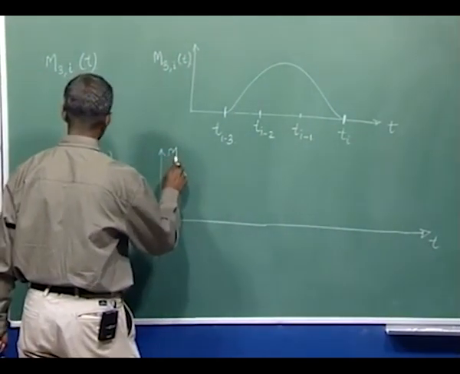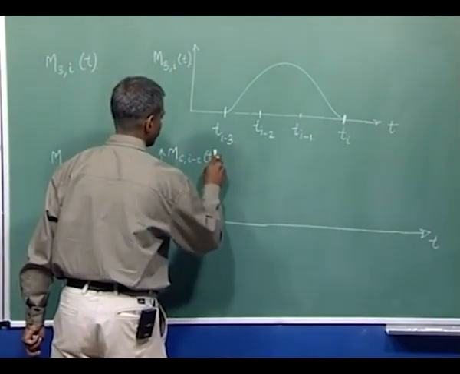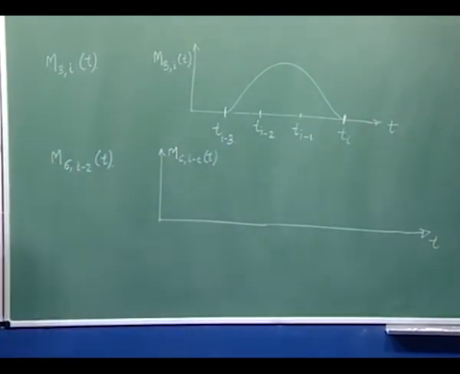This is M_6,(i-2)(t). Can you help me out? What is step 1?